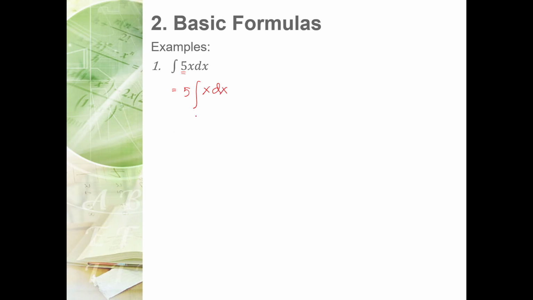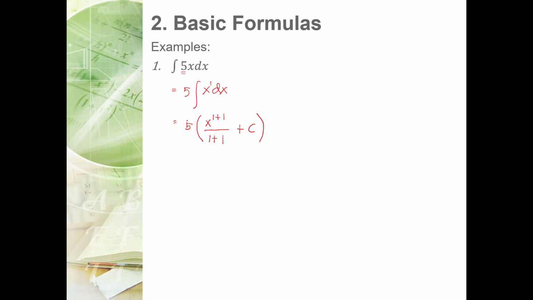In the basic formula, we can use the exponential rule, because the exponent of x is to the power of 1, right? So meaning you can integrate it. So we have x to the 1 plus 1 all over 1 plus 1. Again, we have plus c.